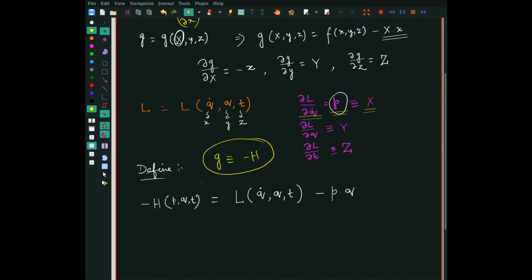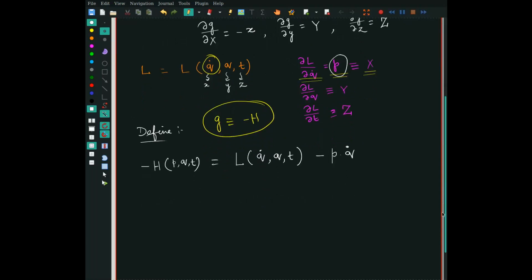I do not understand. This one? No, sir, where we are defining minus H on the right. Oh, right. Yes, yes, that should be q dot. All right, this is a mistake.